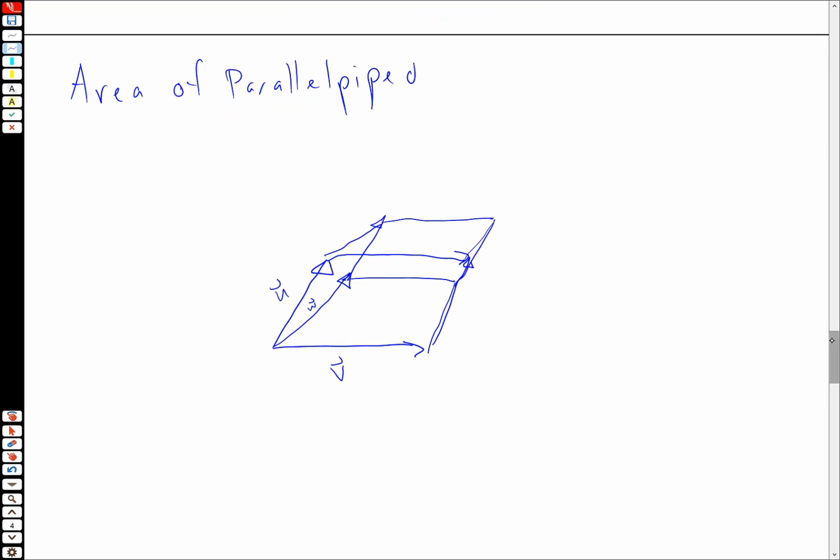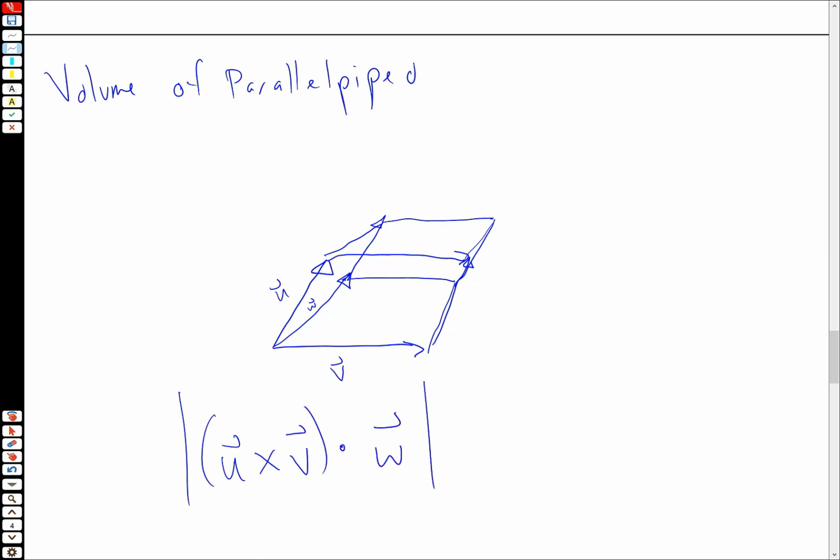Now I'm sorry, I shouldn't say area, by the way. I should say volume because it's three-dimensional. So the volume of a parallelepiped is actually given by the absolute value of u cross v dotted with w. If you want a more detailed explanation, go ahead and look in your book.